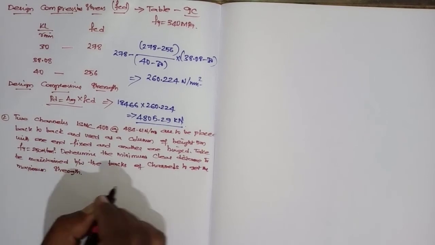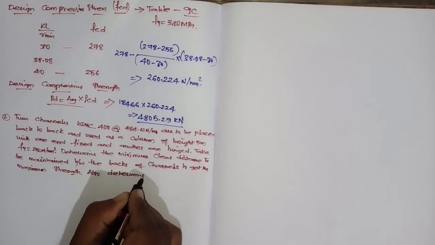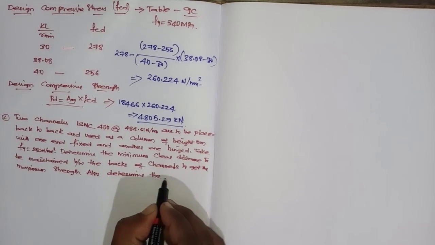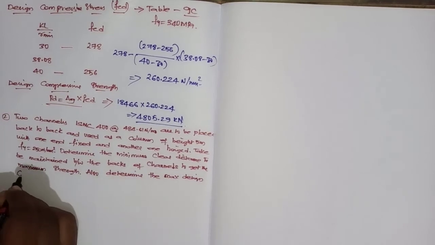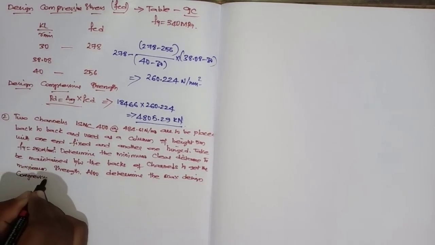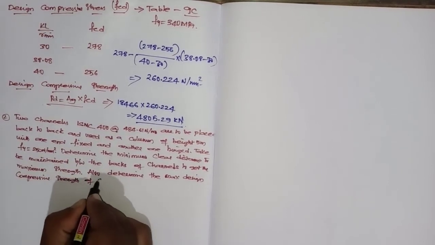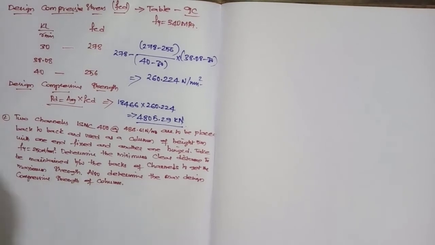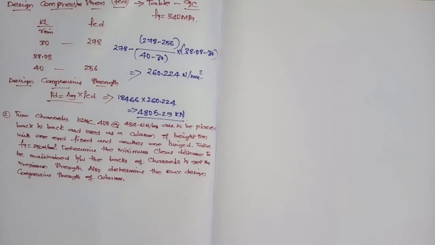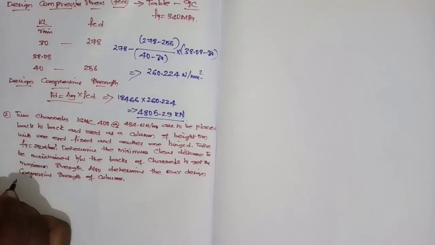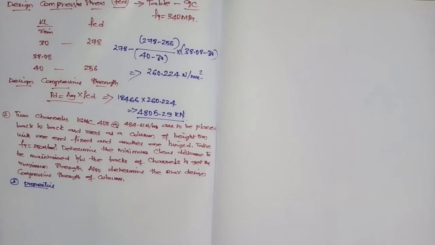Also determine the maximum design compressive strength of the column. Right? This is the question given. Now, as usual, first we'll write the properties from where? Steel table.